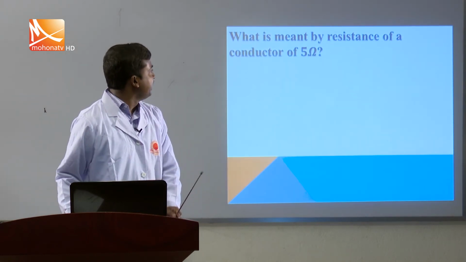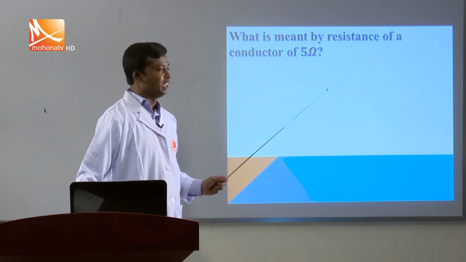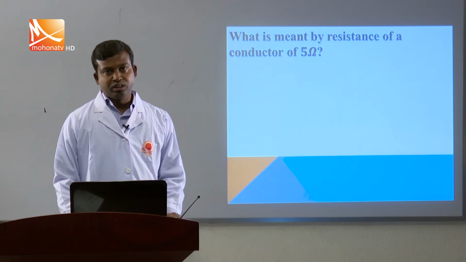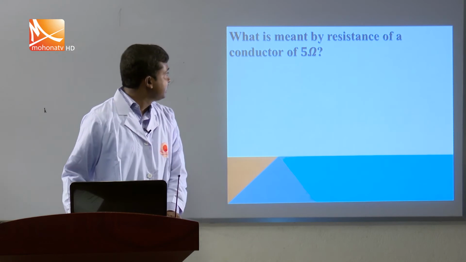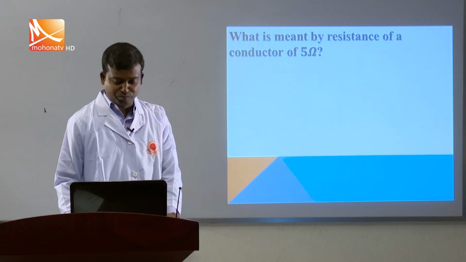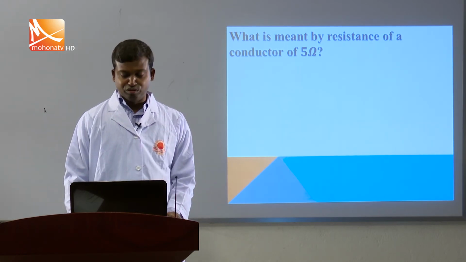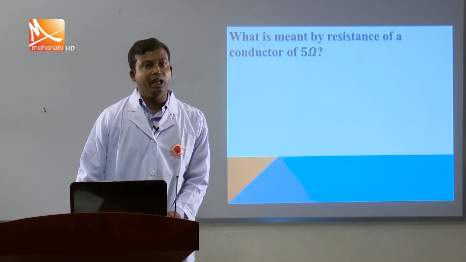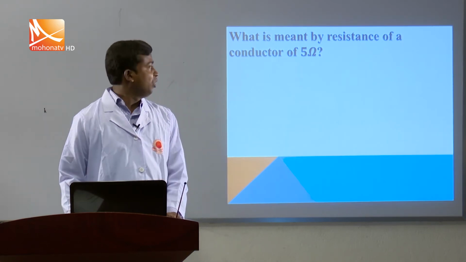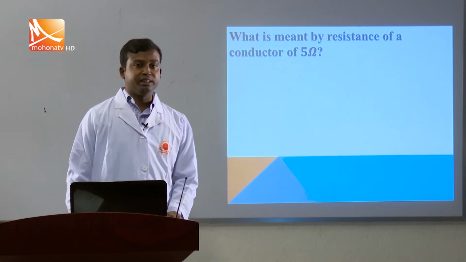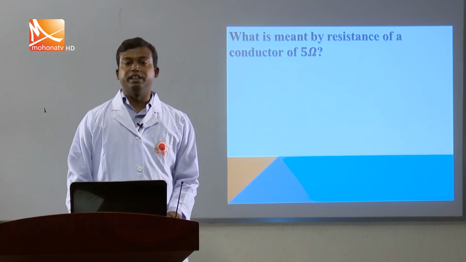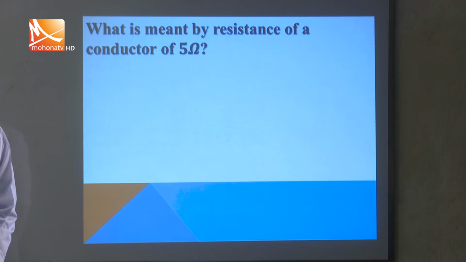Now, what is meant by the resistance of a conductor of 5 ohm? As in our earlier slide, you know that R equals V by I. That means, if the potential difference between two ends of a conductor is 5 volt, then 1 ampere current can flow through the conductor.